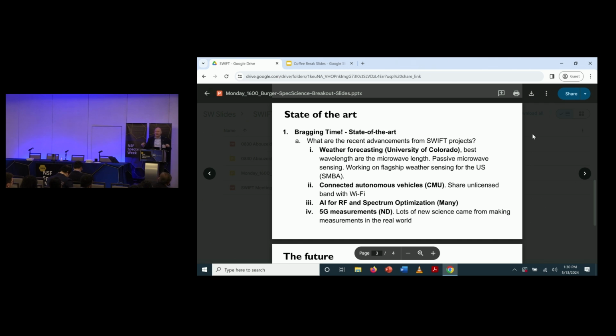And by the way, not at the expense of the incumbents, which in this case is Wi-Fi and Bluetooth. A lot of people, and especially after Walid's section here, not a surprise, a lot of breakthroughs, a lot of new science in using AI for spectrum optimization.